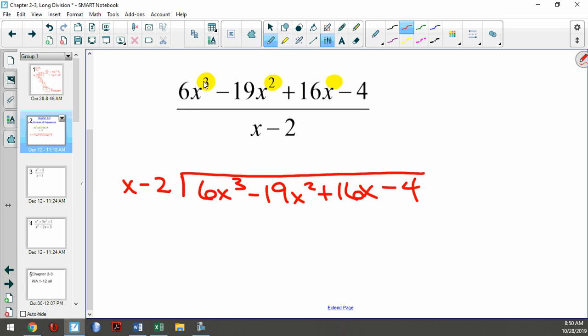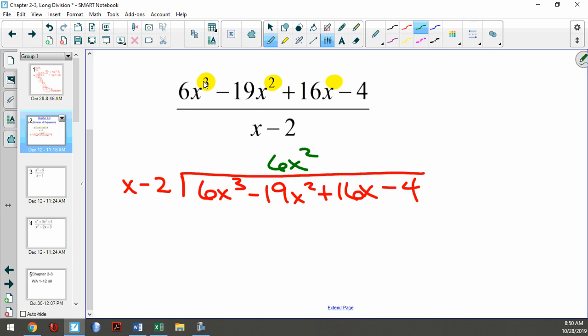Now, what do we multiply x by to get a 6x cubed? 6x squared. Yeah. So we're going to put the 6x squared above the x squared position of the 19 there. Did you see that? And now we're going to multiply the diagonal just like we did previously. However, this is a binomial. Did we see that? So we're going to mentally distribute this.